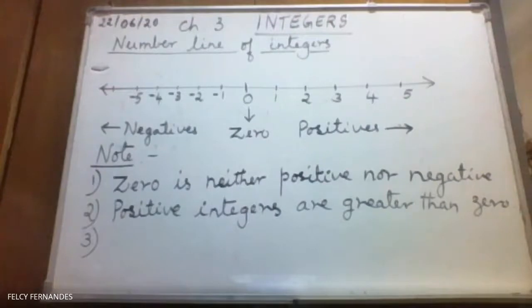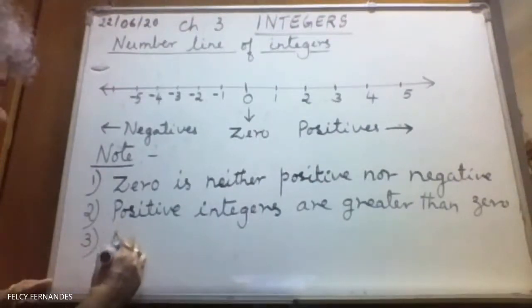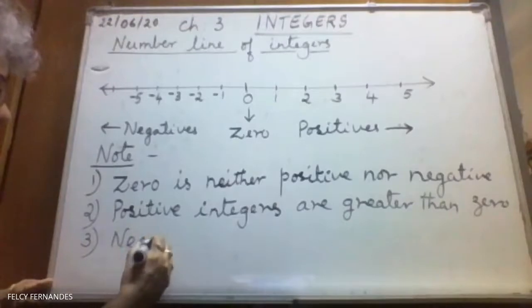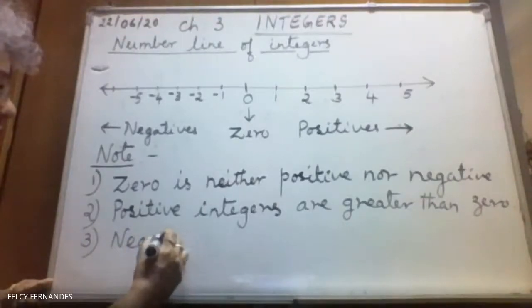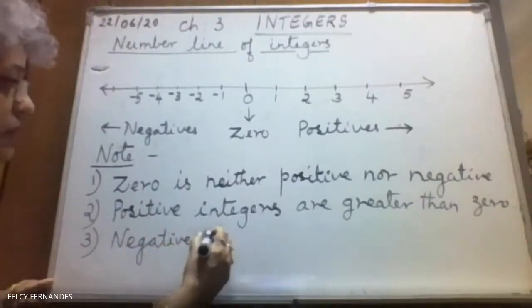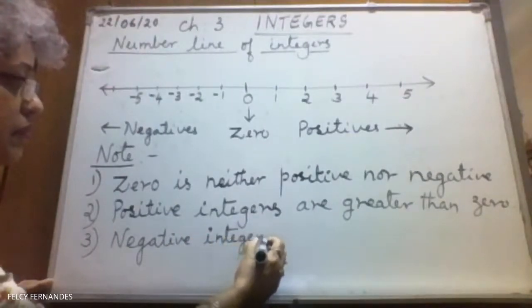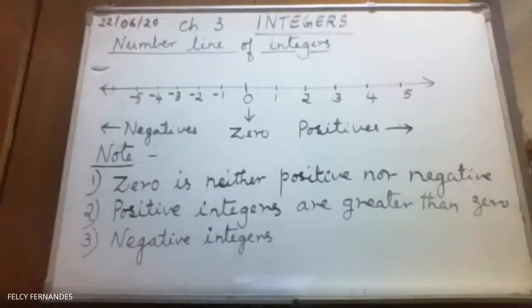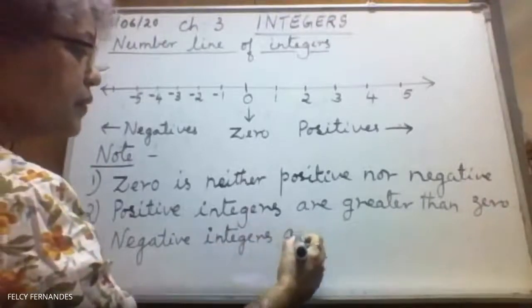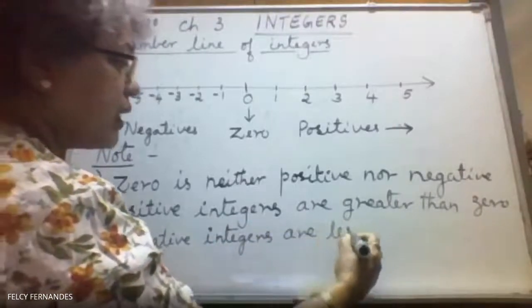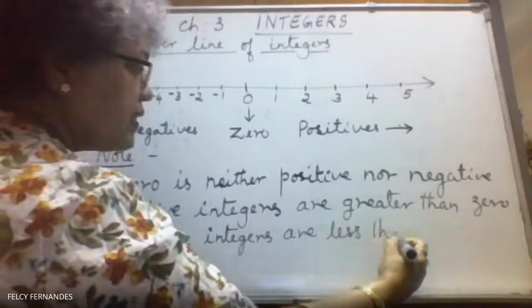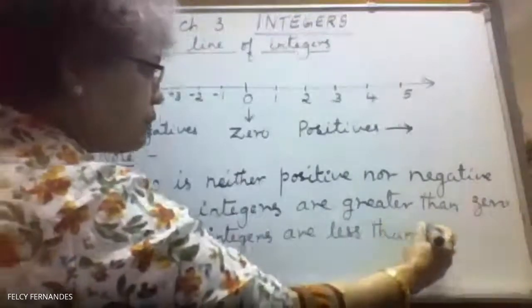We go to the third point. Negative integers are less than 0.